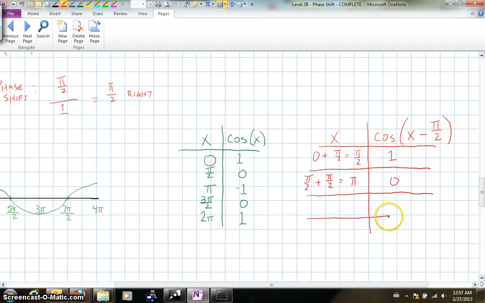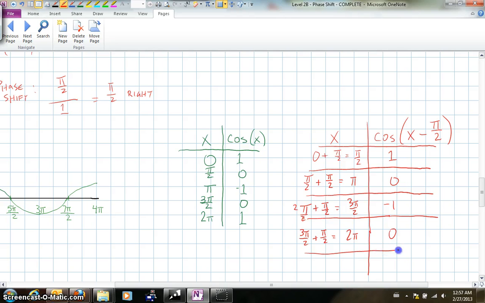The next part is going to be to take pi and add pi over 2. We'll have to get a common denominator here, so I'll throw in that makes pi over 1, and I can make that into 2 pi over 2, so this is going to be 3 pi over 2, negative 1. Then we have 3 pi over 2, move it pi over 2 to the right, we get 4 pi over 2, which is just going to be 2 pi.